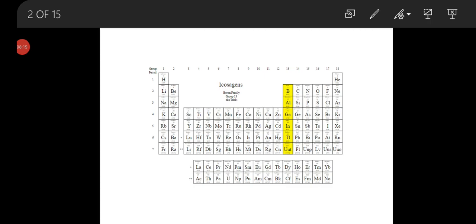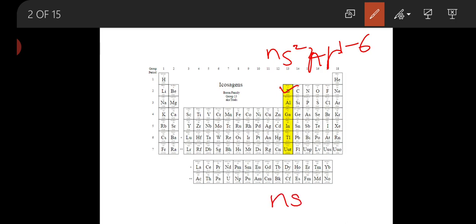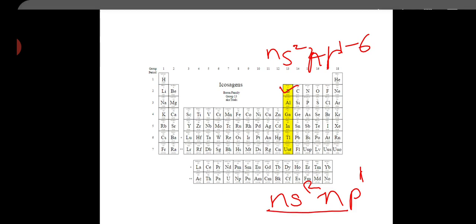Out of which we are seeing the first group from the periodic table of the p block, that is known as group 13. For group 13 it is given as ns2 np1. Is that clear now? This is the configuration of the group 13 elements.